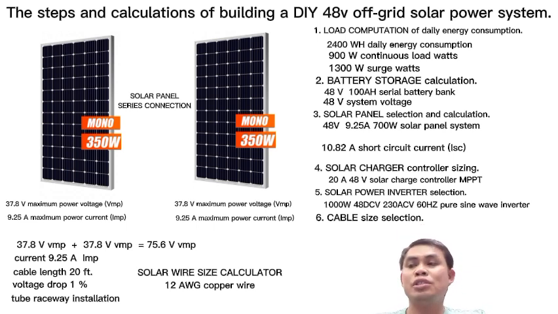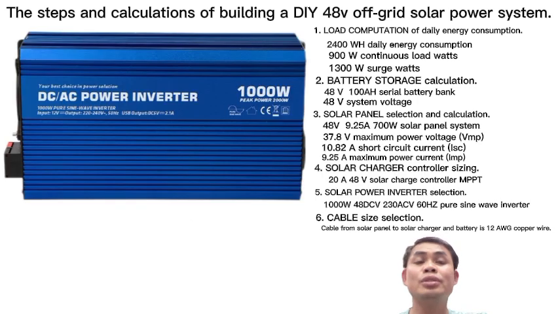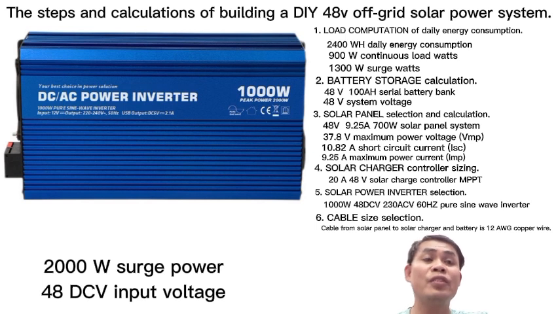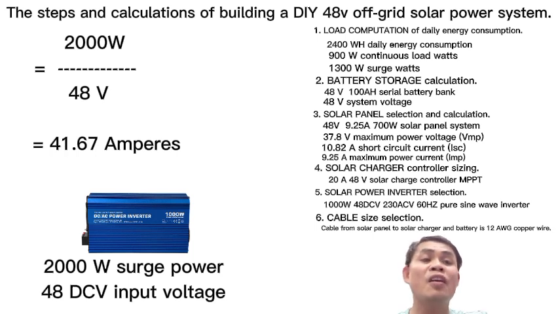So from this calculation, the cable from the solar panel to the solar charge controller going to the battery bank is 12 AWG copper wire. Since we chose a 2000 watts surge power inverter with 48 volts DC input from our battery bank, we can calculate: 2000 watts divided by 48 volts is equal to 41.67 amperes.